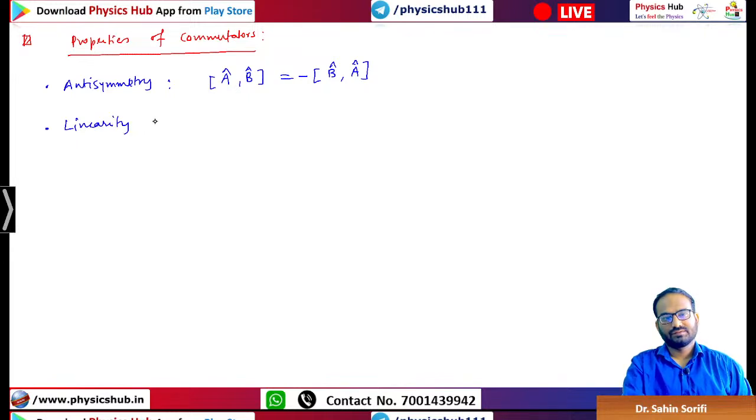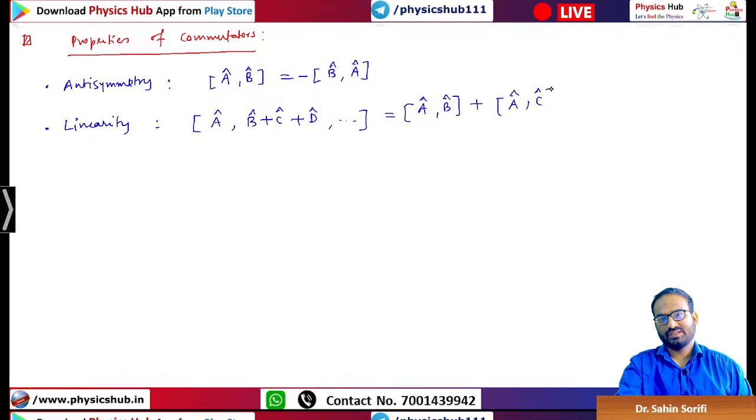Next, linearity. Let's say you have the commutator of A with B plus C plus D. So this will operate in a linear fashion. So commutator of A, B, the way you have seen linearity, then plus commutator of A, C, then commutator of A, D. This may appear to be very straightforward, but this is what it is.